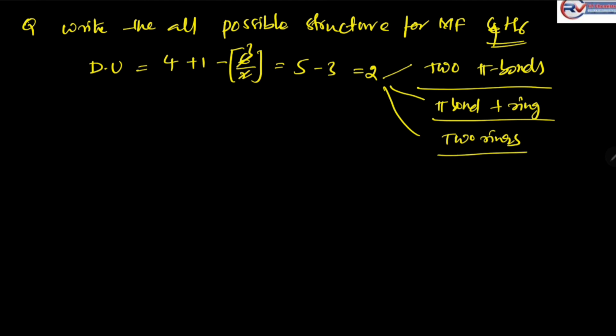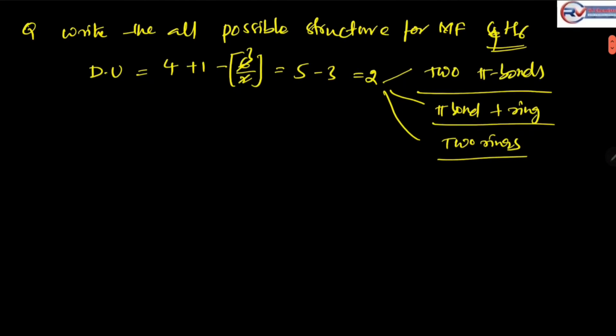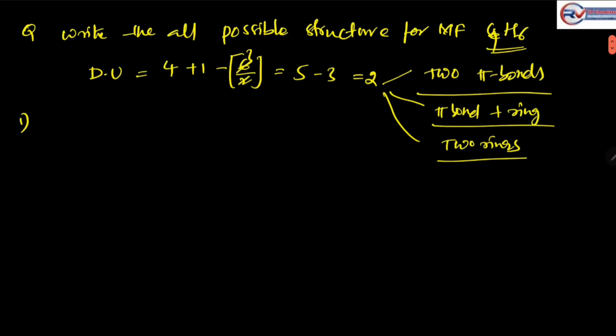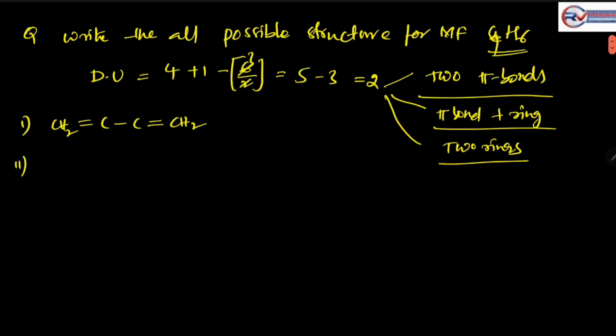I am writing the first one, 2 pi bonds. Look at the number of carbons: 4 carbons. 4 carbons with 2 double bonds: CH2 double bond C double bond CH2, C4H6. Now taking 2 pi bonds again, CH3, C triple bond C, CH3, so C4H6.